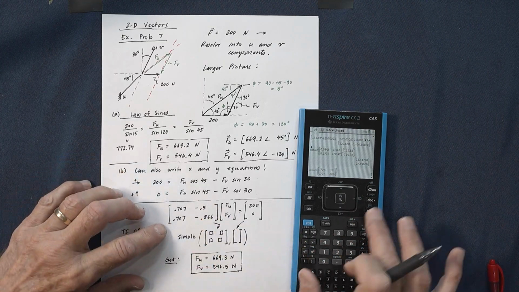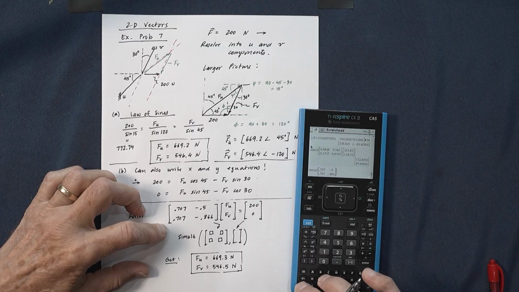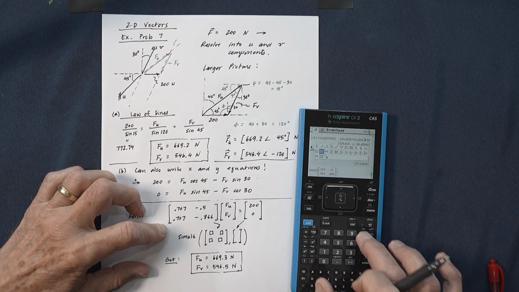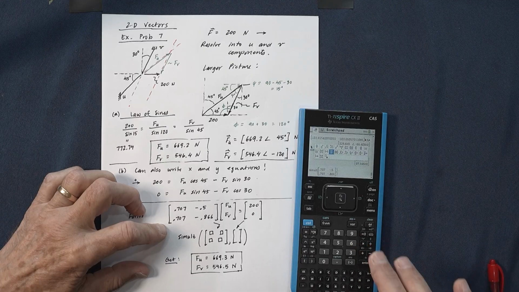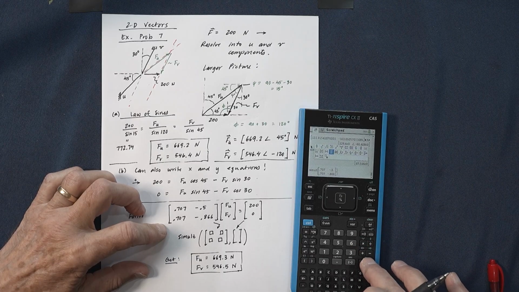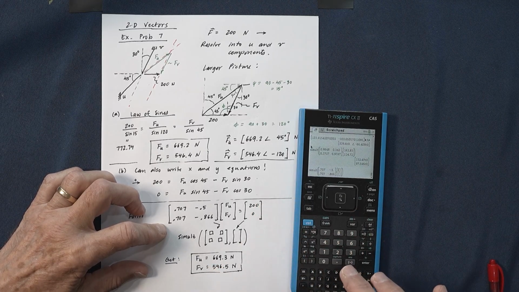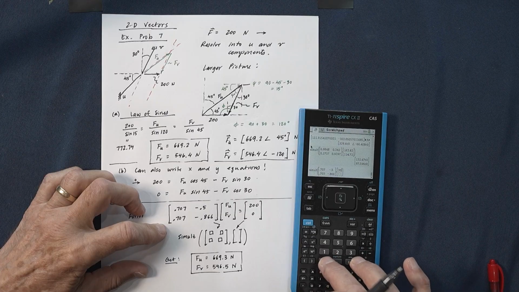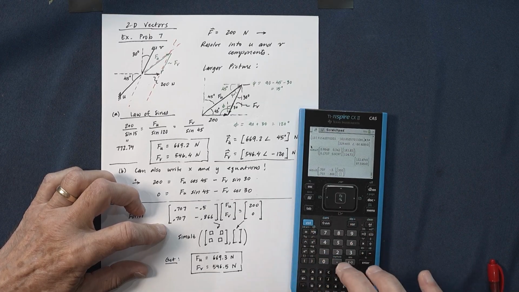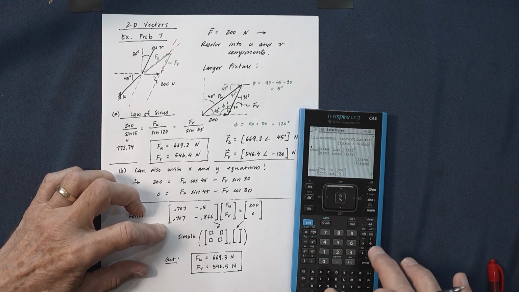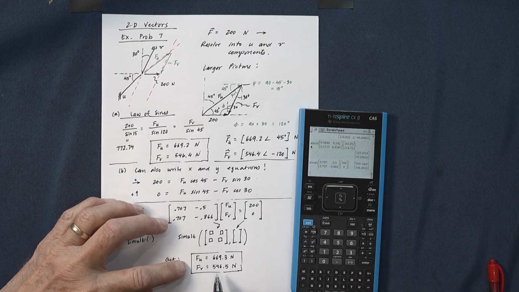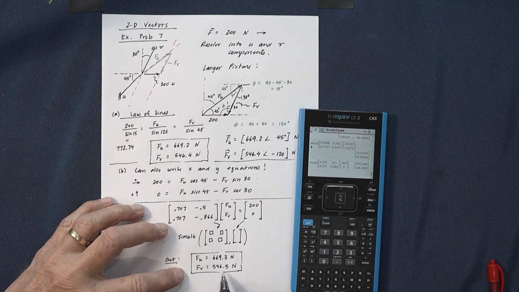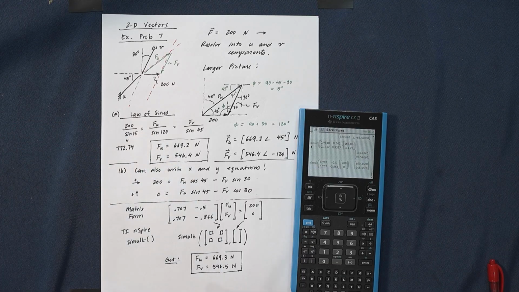That's our coefficient matrix. Then we go comma, and then to template, looking for a 2-element vector. And then we put in 200, and then 0. Enter. And we get 669.3 and 546.5, which are the same as we got there.